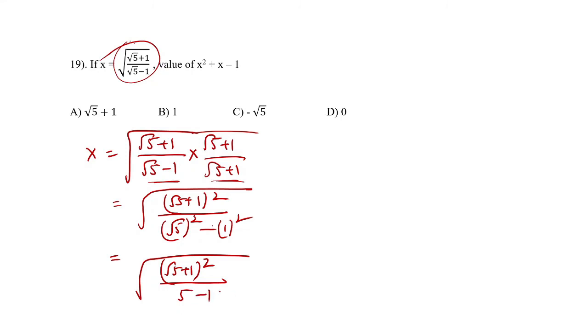What is the result? 4. So final value is root 5 plus 1 by 4. Square root of 4 means 2. This square and root get cancelled and square root of 4 means 2. So finally x value is root 5 plus 1 by 2.